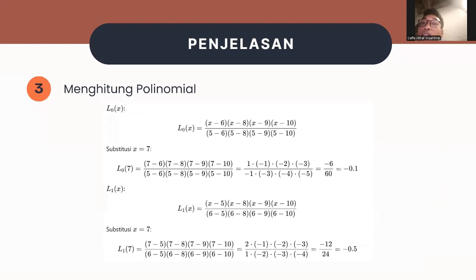In the first step, we have to calculate the polynomial L0(x), which is equal to x minus 6, x minus 8, x minus 9, x minus 10 divided by 5 minus 6, 5 minus 8, 5 minus 9, 5 minus 10.